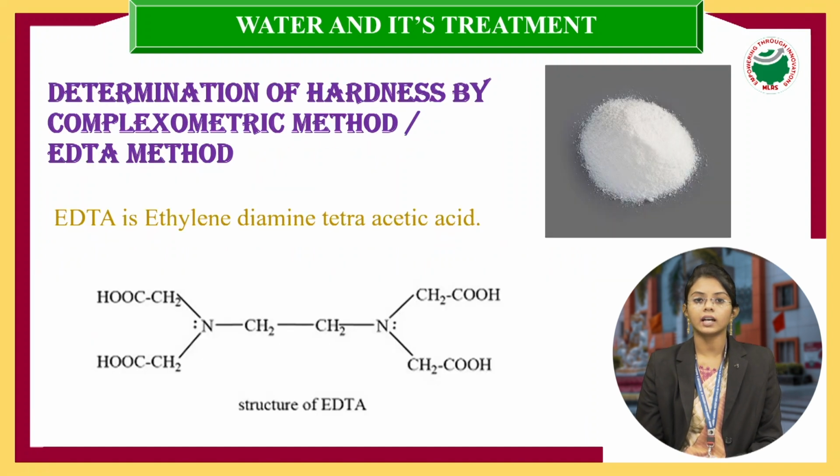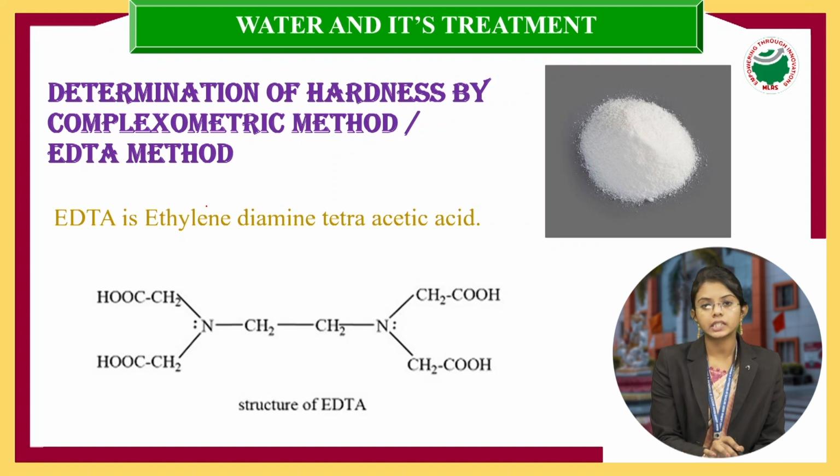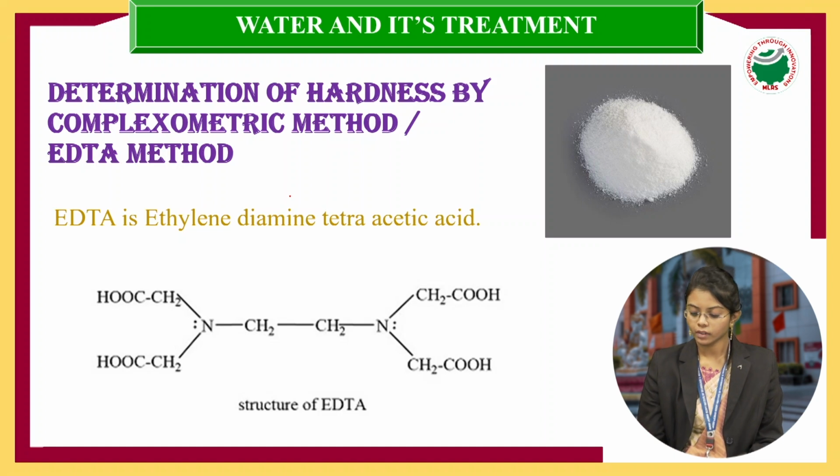Now we have the next important topic in our module, that is determination of hardness by the complexometric method, that is the EDTA method. We are going to estimate or determine the hardness of water by using the EDTA method or complexometric method.